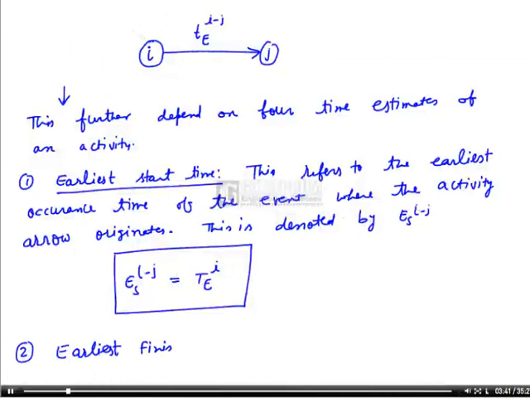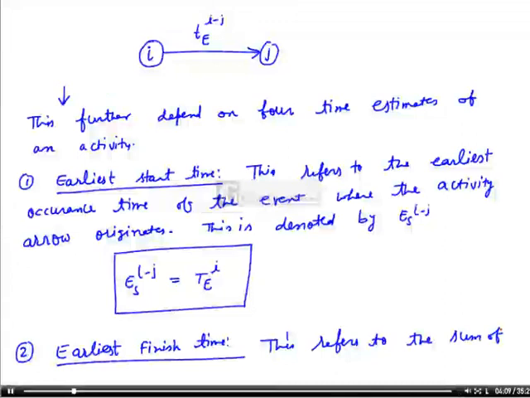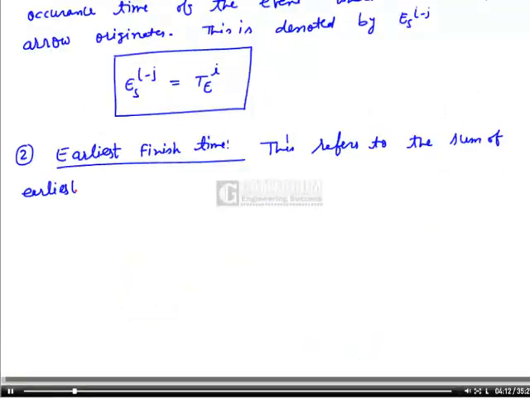Earliest finish time refers to the sum of earliest start time of an activity and the duration of the activity, and this is denoted by E suffix F. So this refers to the sum of earliest start time and average duration of an activity.